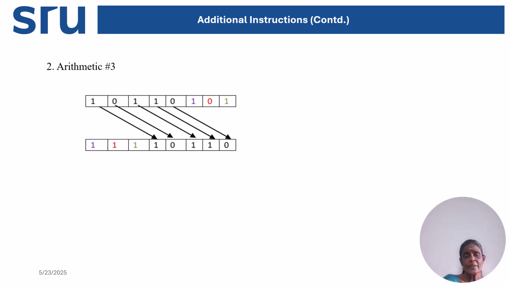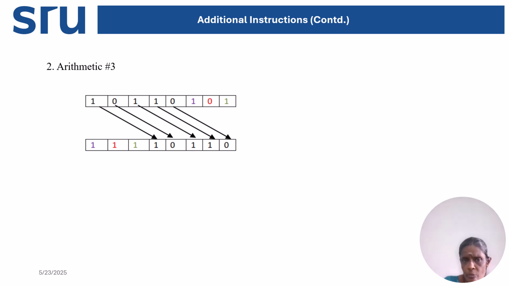And then the second category, arithmetic shift by 3. In the first type, the 3-bit position we have to make 0. But in arithmetic, the 3 bits we have to make 1. That is the difference between the two. So by 3 positions, meaning the 3 LSB positions, colored 1 0 1 1.